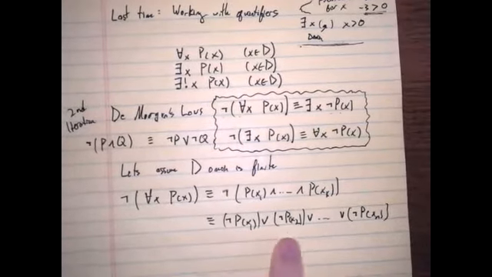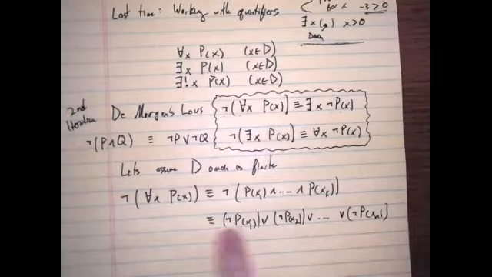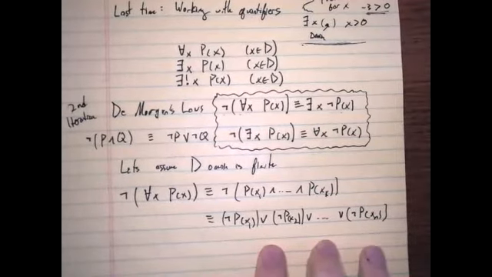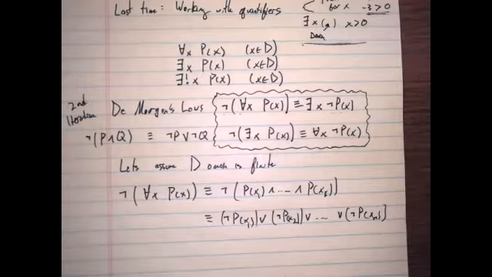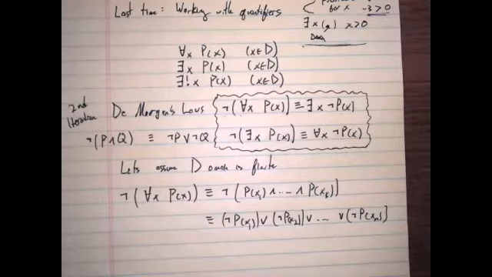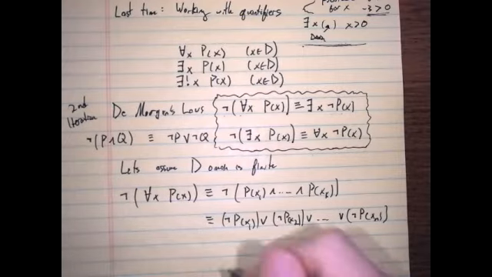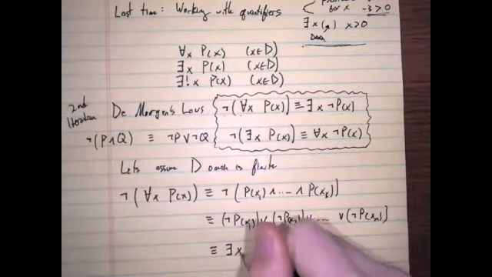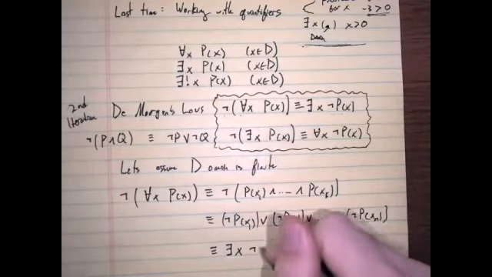But then if the domain is finite, does anyone remember what a whole bunch of ors means? Or what a translation for a whole bunch of ors is? There exists. Exactly, there exists. So this is equivalent to there exists an x such that not P of x.